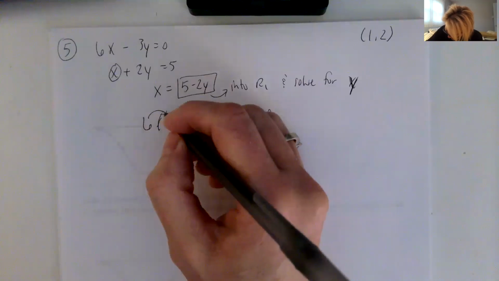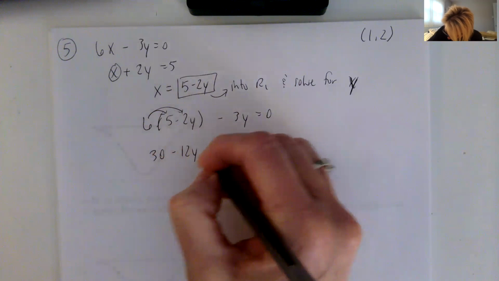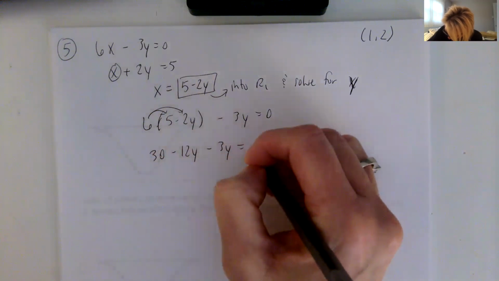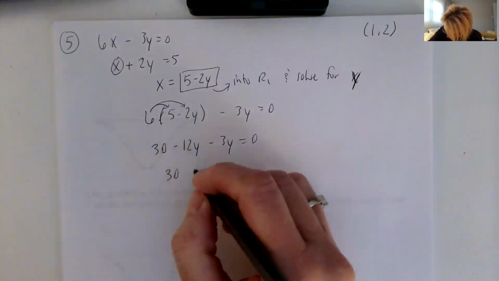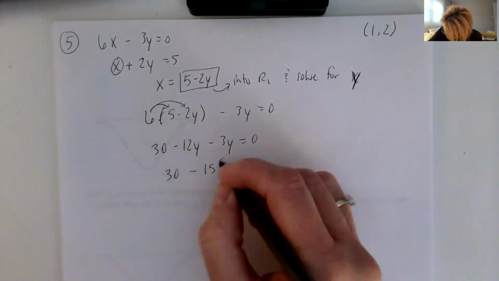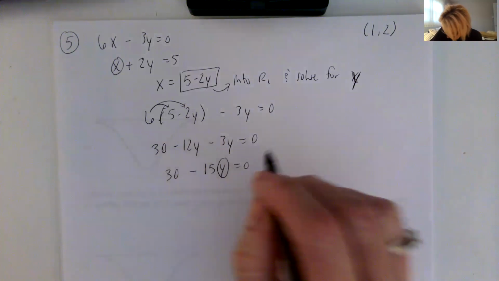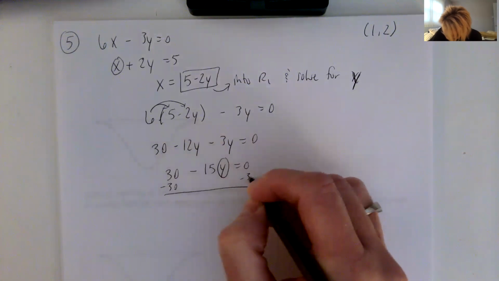I'm going to distribute my 6. So we get 30 minus 12y minus 3y equals 0. Combining like terms, we get 30 minus 15y equals 0. And we're solving for y. So I'm going to move everything else to the other side by subtracting 30.